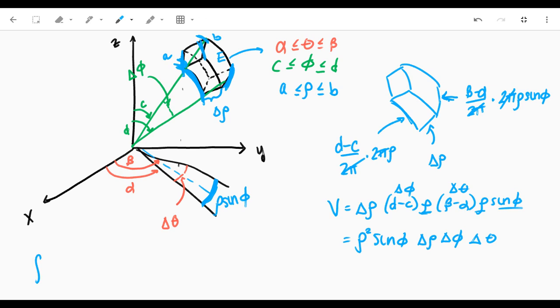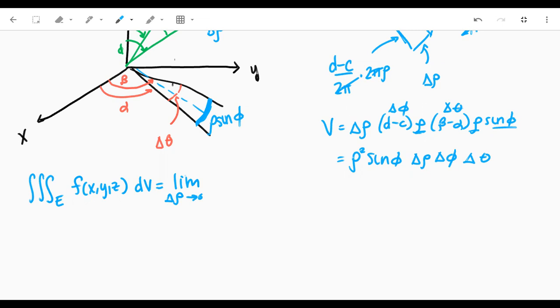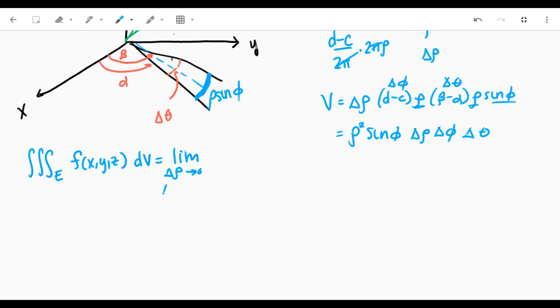Our triple integral over E of a function in x, y, z dV will be our limit as delta rho goes to 0, delta theta goes to 0, delta phi goes to 0, of our summation.